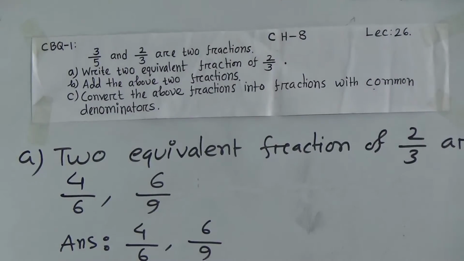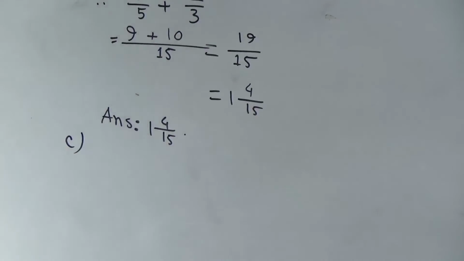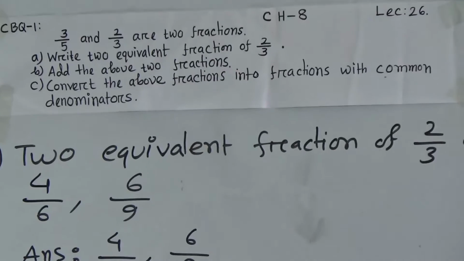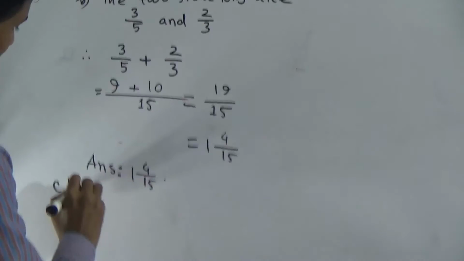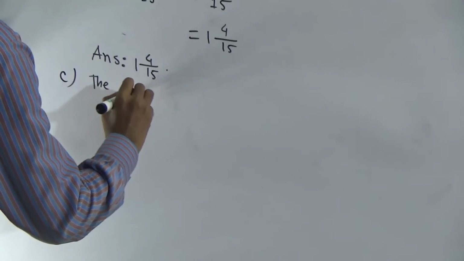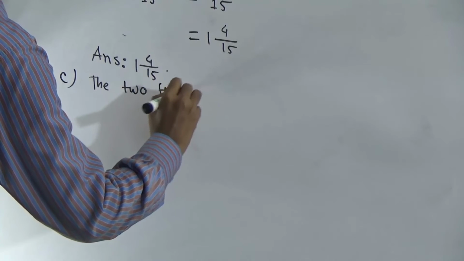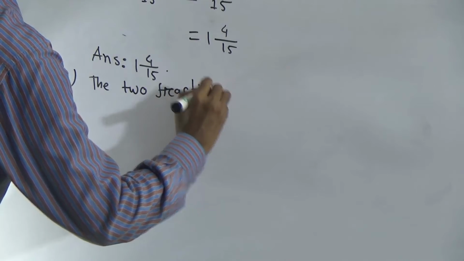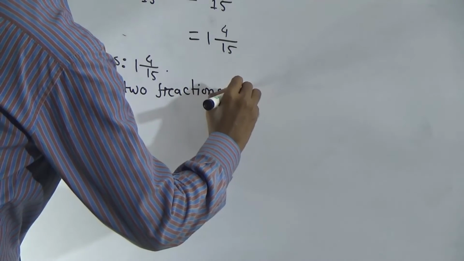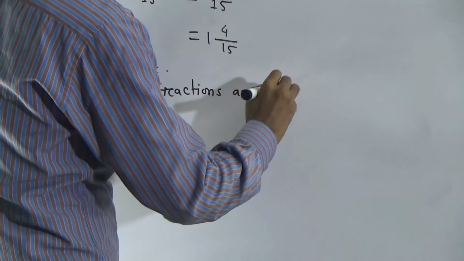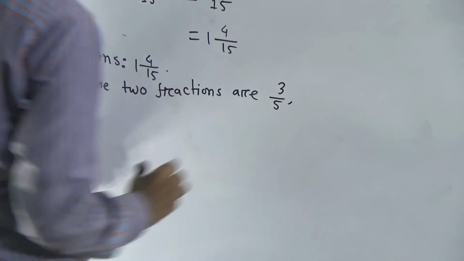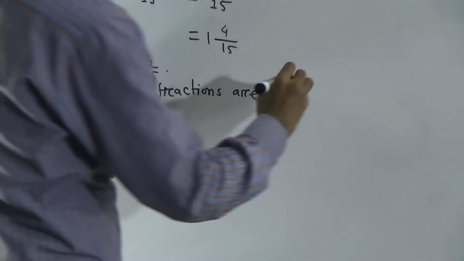Now I will solve the question number C. At first you look at question number C. Convert the above fractions into fractions with common denominator. Right, the two fractions are 3 by 5 and 2 by 3.